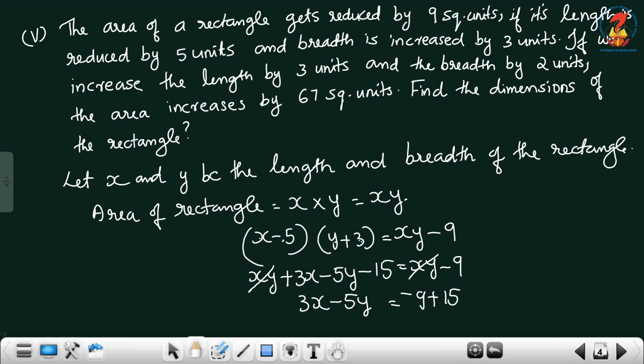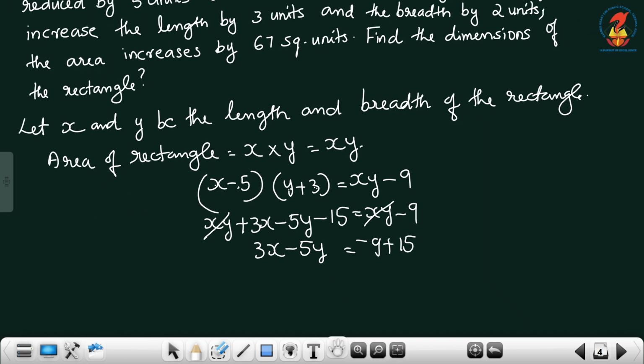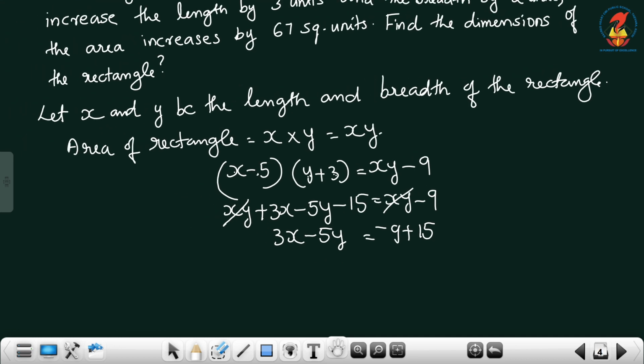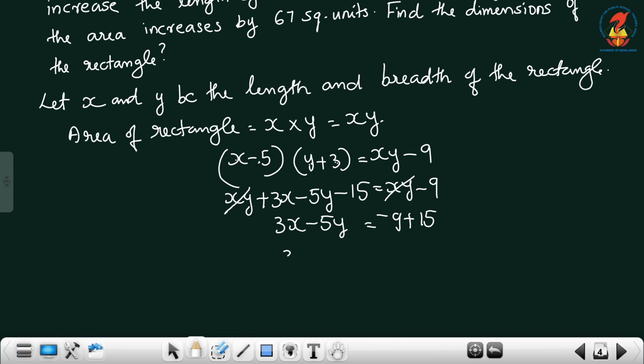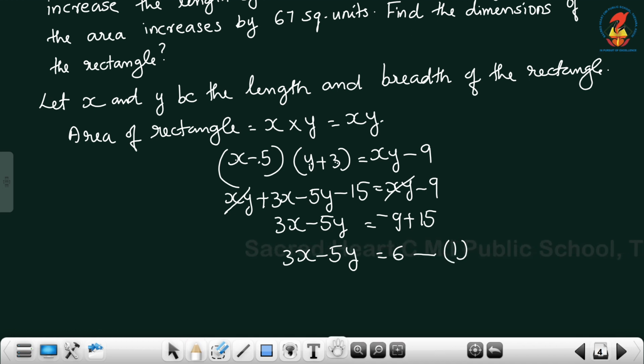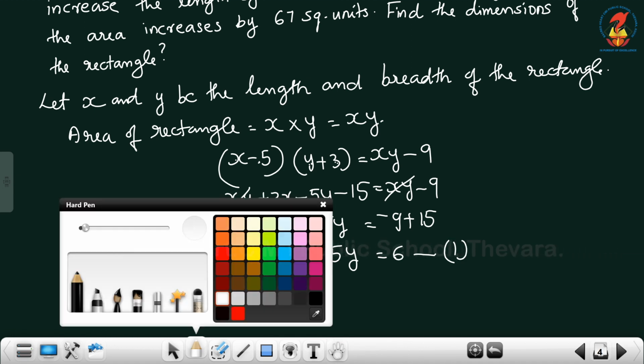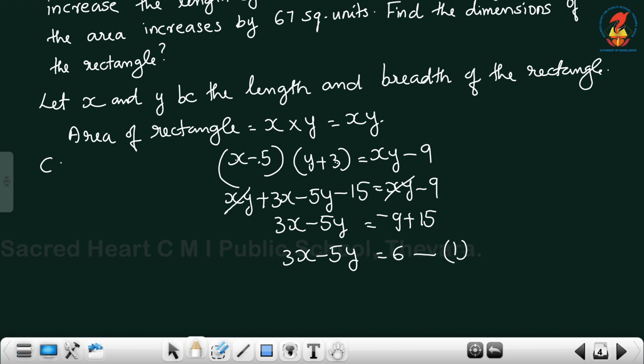Plus 15. This becomes 3x minus 5y equal to 6. Question number 1. Okay, this is case 1. Next, case 2.